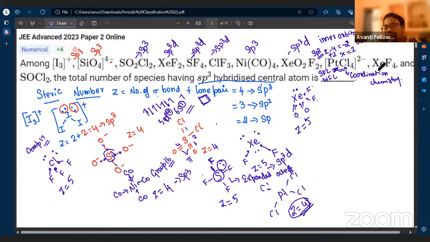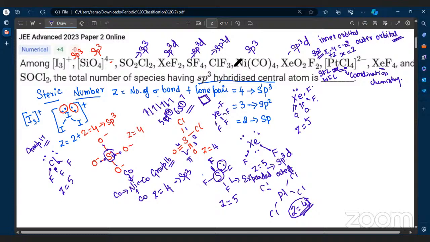Now moving to XeF4. What is the Z value for XeF4? 6.